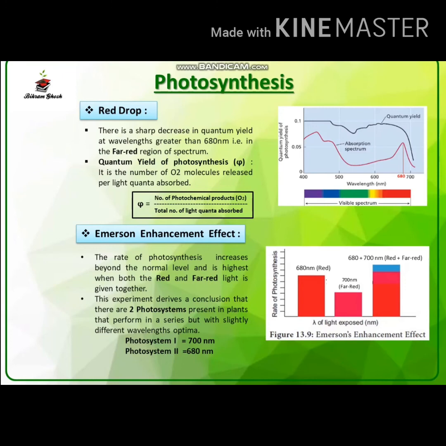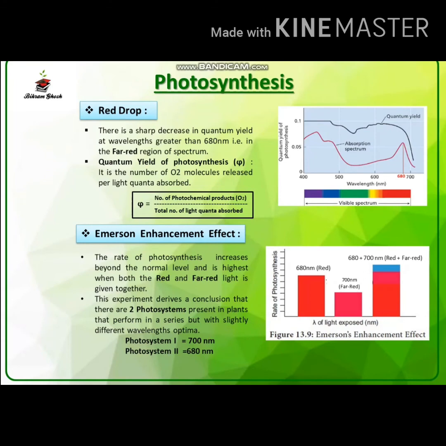Quantum yield of photosynthesis is the total number of O2 molecules released per light quanta absorbed. We can see in the graph that the absorption spectra and the quantum yield decline after the 680 nanometer wavelength of light.